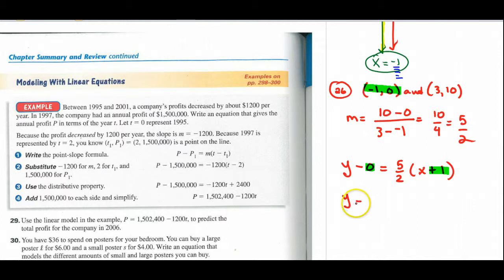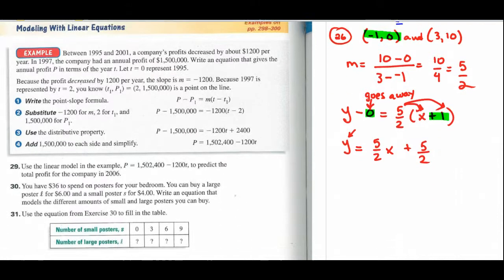We have y equals, because this 0 goes away when it's added to y. We just get y. So we have 5 over 2 times x, distributing the slope, plus 5 over 2. In standard form, we can't have fractions, so no fractions.